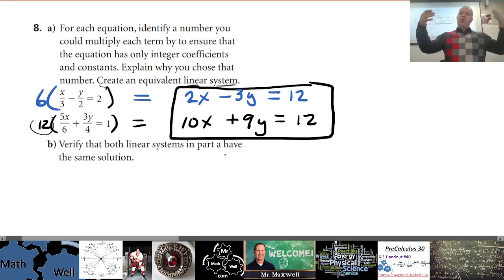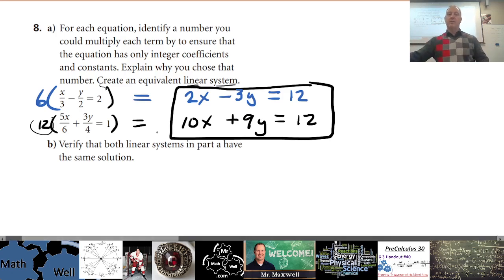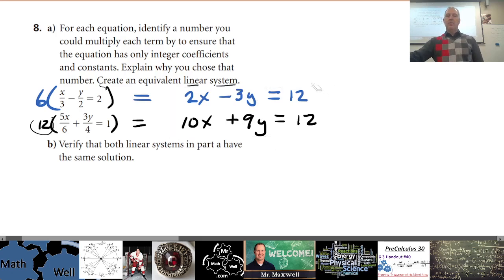So now here's where we go ahead and we're going to substitute. Now we're going to solve for one of these systems. It could be easier to solve for the second system here. Now I have a question for you.